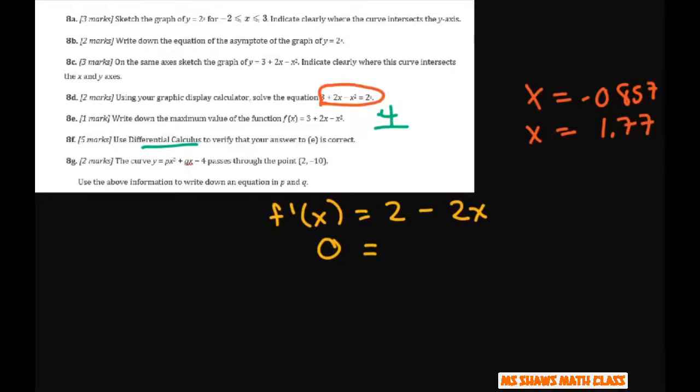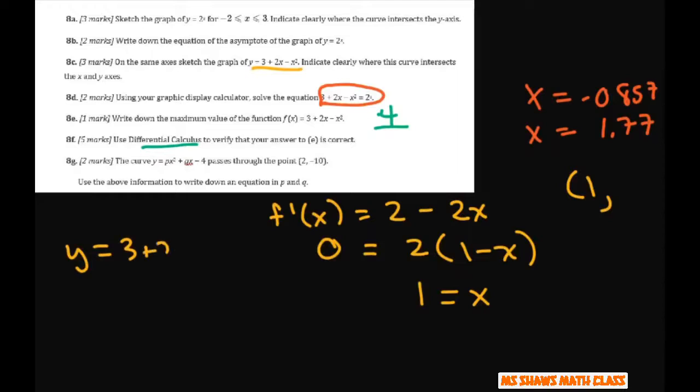And this is going to be 2 times (1 minus x) equals 0. So x equals 1. So when you have x is 1, you plug that back into your equation, and we already kind of did that. y equals 3 plus 2 minus 1. That equals 4. So that shows we know how to use differential calculus to do that.